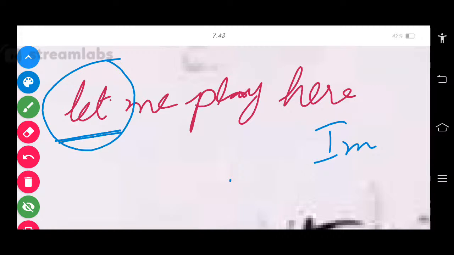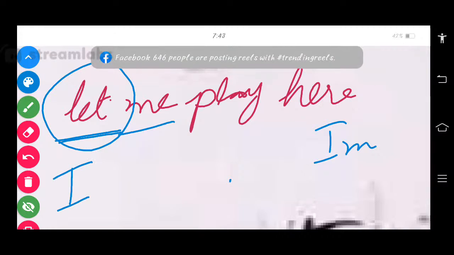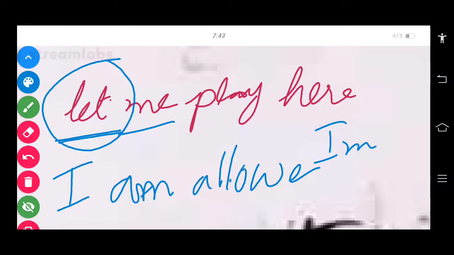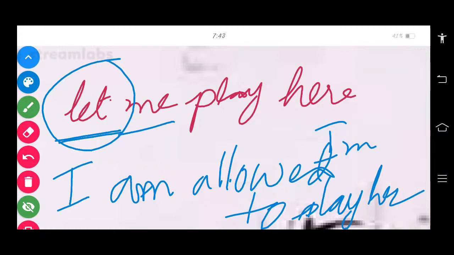Let me play here. In this case me is to be used like I. As he asked permission, we have to say: I am allowed to play here.